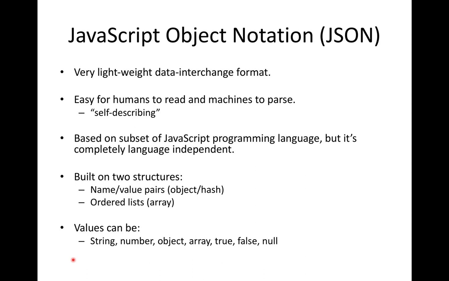Oftentimes our infrastructure definition files are written in either JSON or YAML file formats. And I want to just briefly cover both of these file formats because they are so commonly used in our IT organizations, and particularly with infrastructure definition, and oftentimes with our software applications.